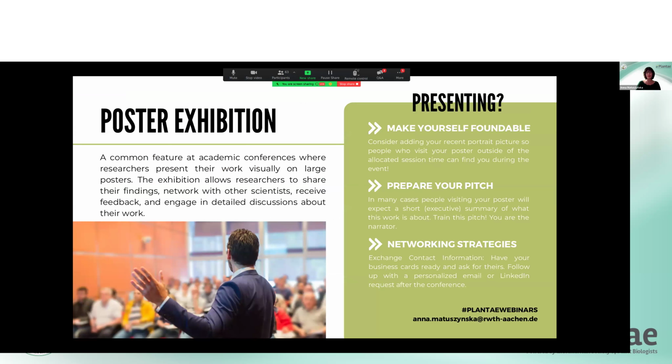So in terms of the poster exhibition, if there's any one of you listening right now who is going to their first scientific conference and will be preparing their poster and has never attended a poster session, it's a very peculiar experience. It's a very common feature of a scientific conference where researchers are pitching their work, standing in front of the A0 format printout, and it's loud and interactive.